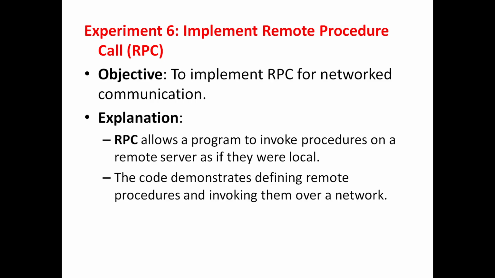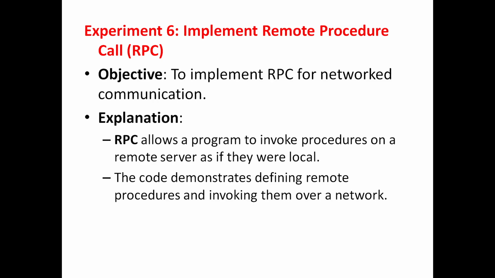The same function is used here, but we can call it from one machine to another machine over the network. If it is local, it is called a function call. The client program sends the request to the server, and the server processes the request and sends the result back to the client. This is the function of remote procedure call.